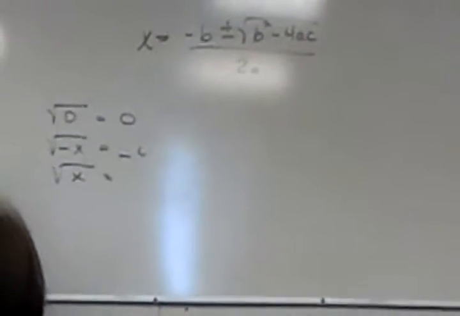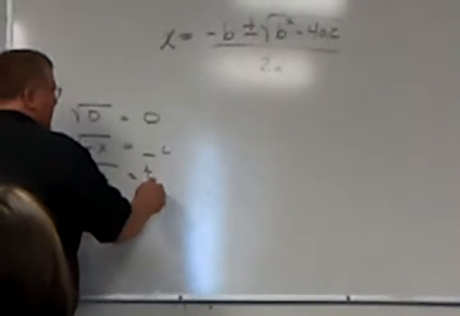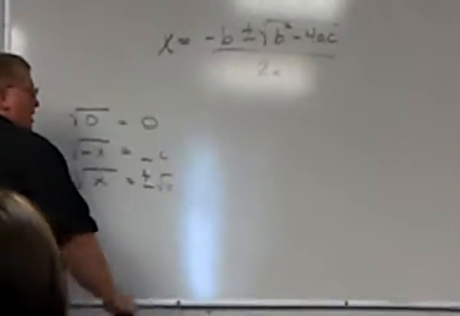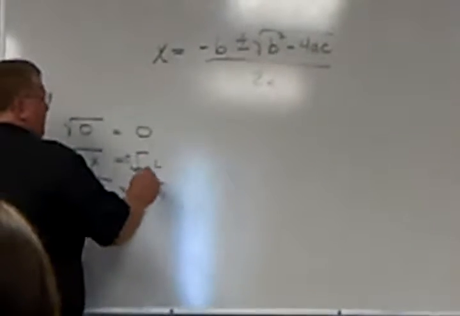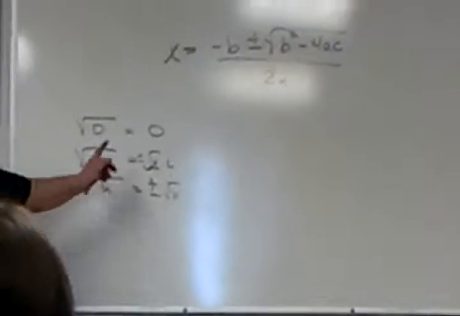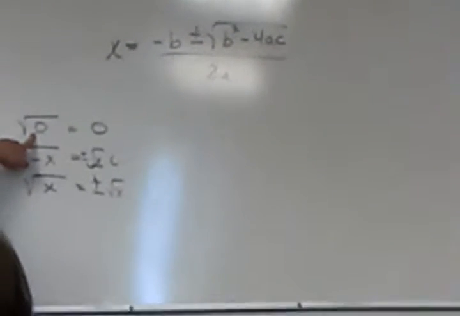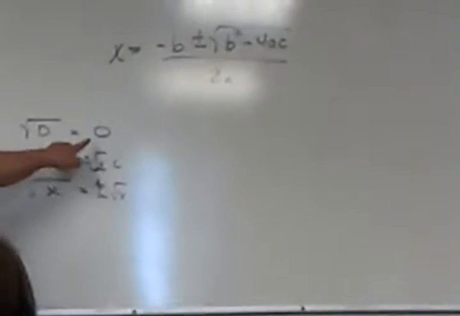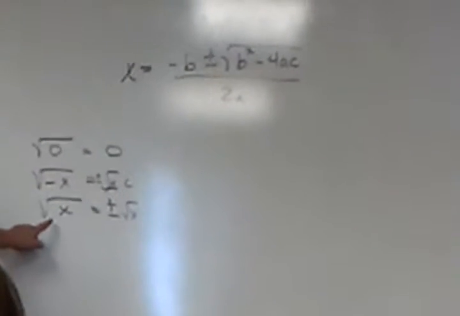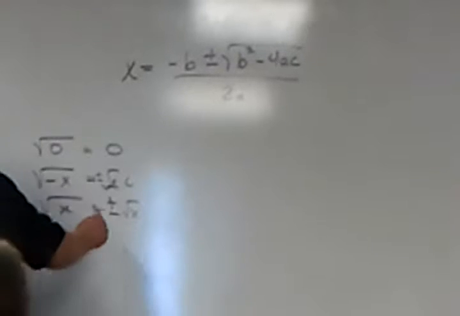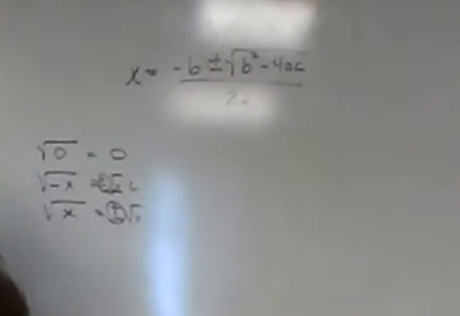We're going to get two answers, plus or minus the square root of x. So, if I get the square root of 0, that answer is 0. If I get the square root of a negative or a positive number, it gives me two answers. Would you agree?